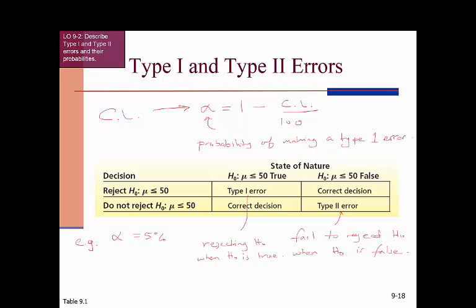Two different errors. Type 1 error is directly related to alpha. Type 2 error is in fact related to a quantity called beta, but we won't cover too much on type 2 error, so you won't have to worry about it.